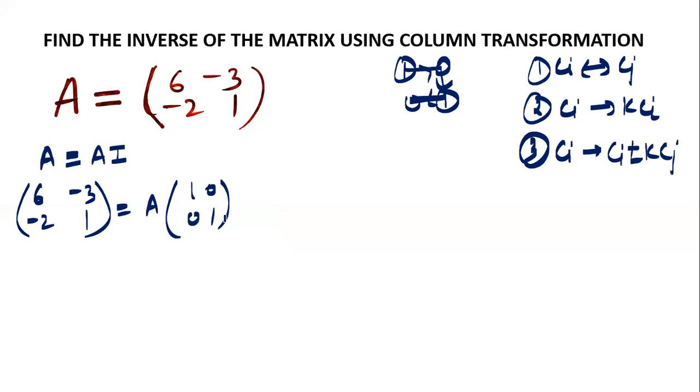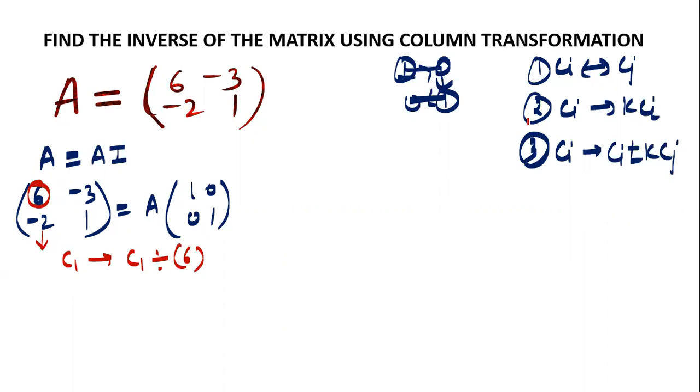Now, according to the pattern, first of all, we will make this 1. To make it 1, what can I do? Change would be done in column. C1 arrow, I can divide column 1 by 6.